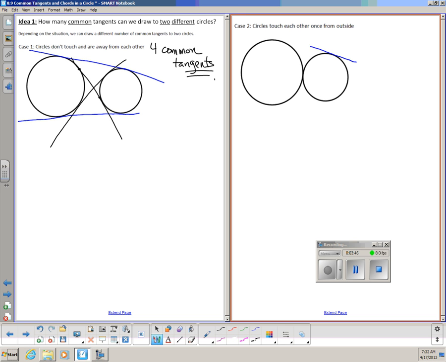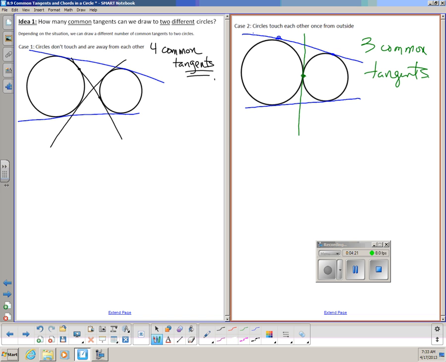So I have one, I'm off a little bit, but one, and then two. And then, because the circles touch each other only once, I can draw a third tangent that touches at that spot as well, but I can't draw that fourth tangent that we could in the first case. So there were only 3 common tangents for this situation.